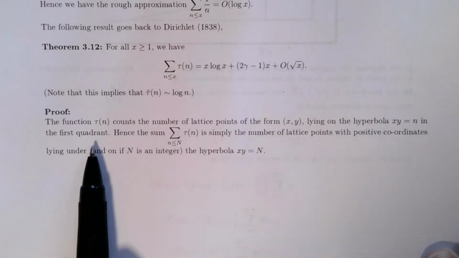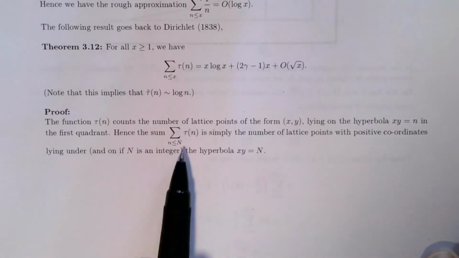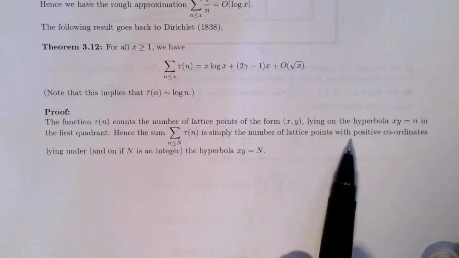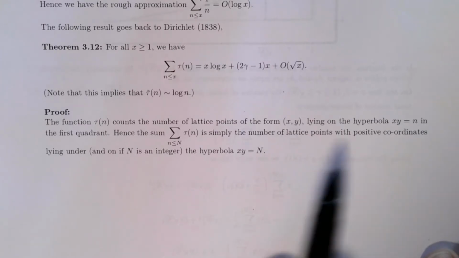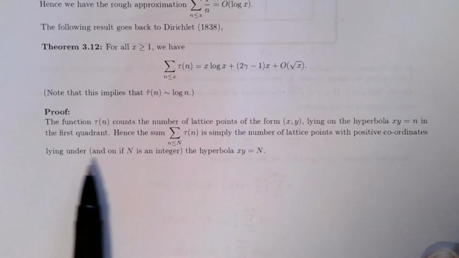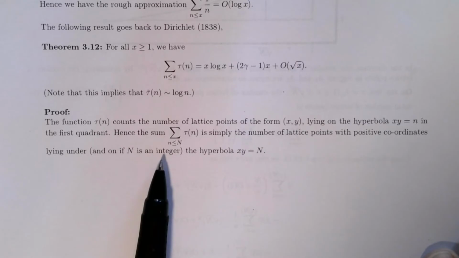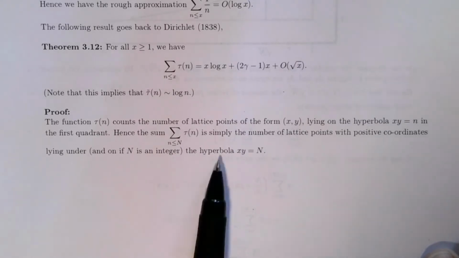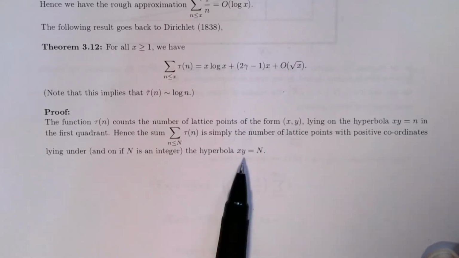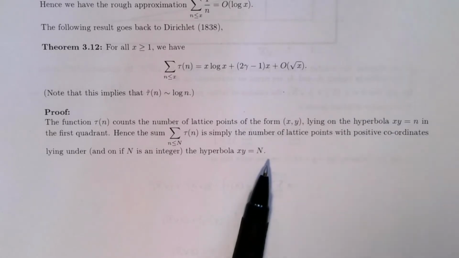And hence this sum, n less or equal to capital N, is simply the number of lattice points with positive coordinates lying under and on, if n is an integer, the hyperbola xy equals n. And so that invites us to draw some pictures and to look at the problem graphically.